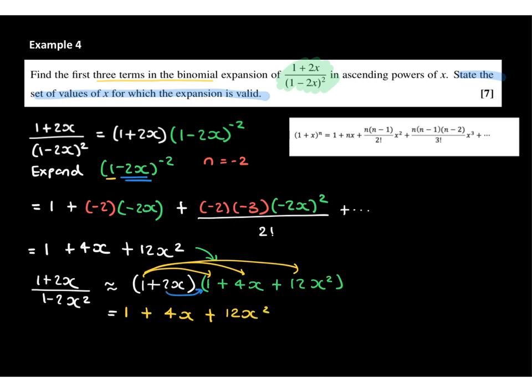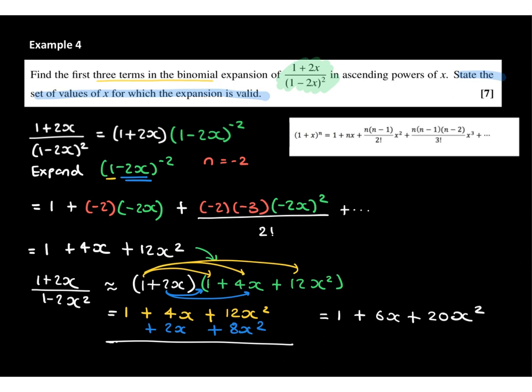Then let's add on the second part. So we have 2x and 8x squared. Let's add these together. Actually, I'll do this over here where there's a little bit more space. So we have 1 plus 6x plus 20x squared.